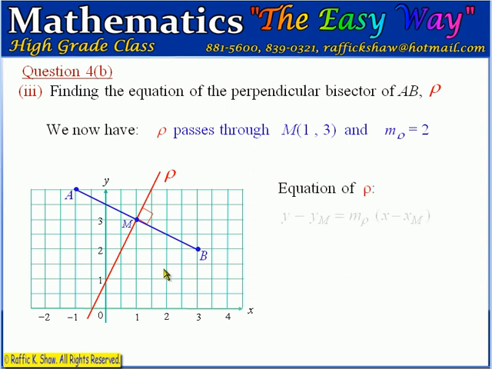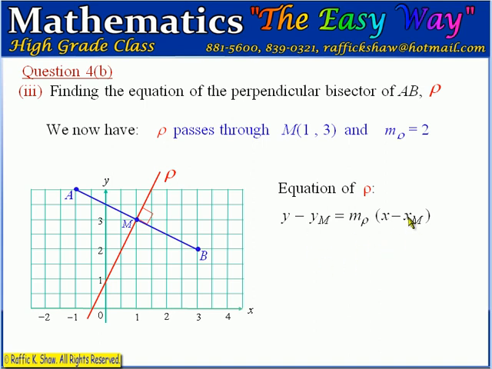And this is it. The equation of the perpendicular bisector would be y minus y coordinate at the point equal the gradient of the line into x minus the x coordinate of the point that the line passes through. And this is the point gradient formula.